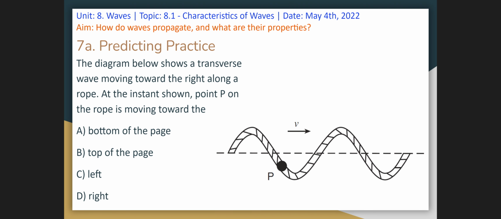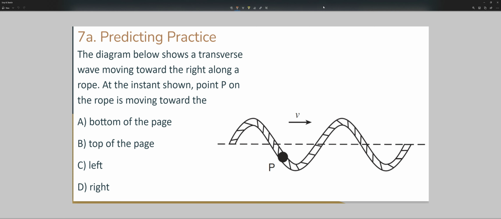So let's say we have this practice problem. The diagram below shows a transverse wave moving toward the right along a rope. At the instant shown, point P on the rope is moving towards what? Now this wave is moving to the right.